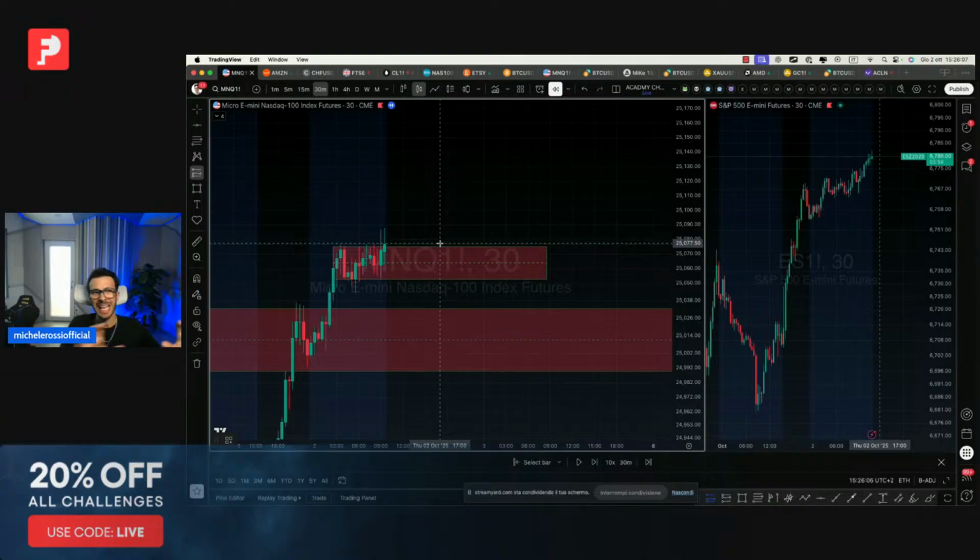So I expect money inflow into the tech sector. Sentiment: what's the sentiment? We have a risk-on sentiment, so risk assets are going to benefit from that. So I'm going to look at the upside.